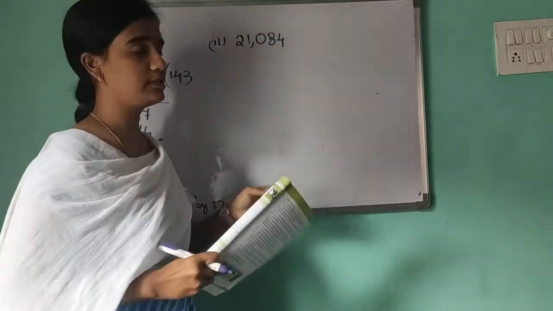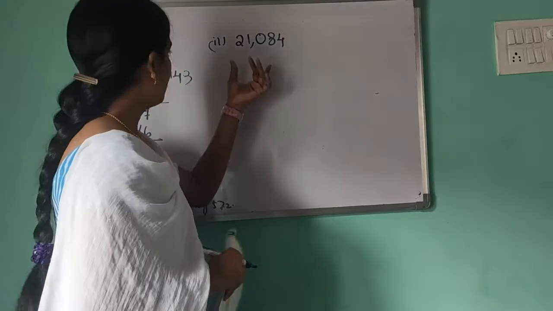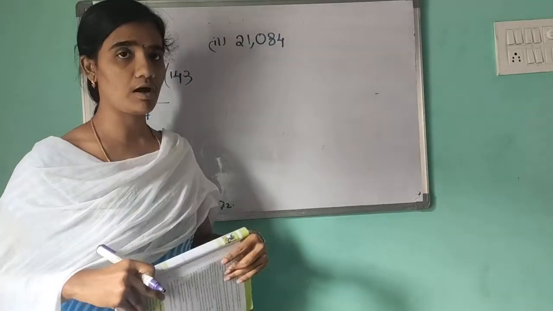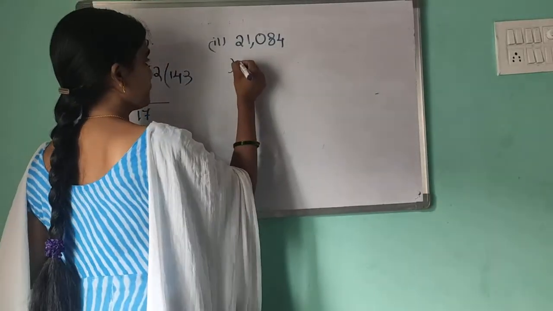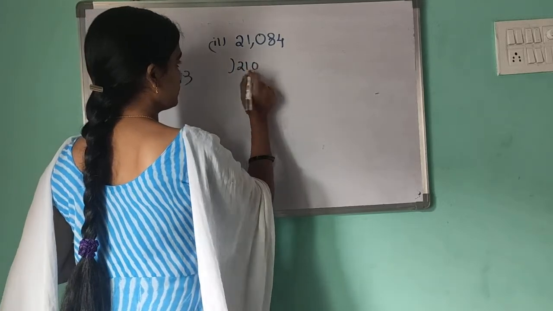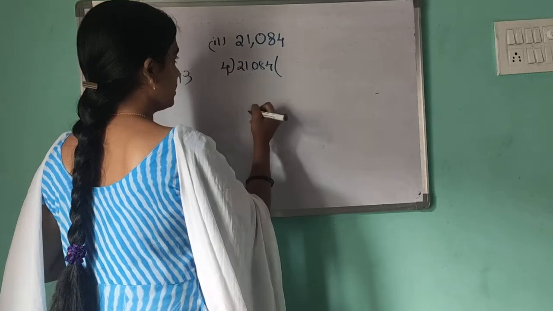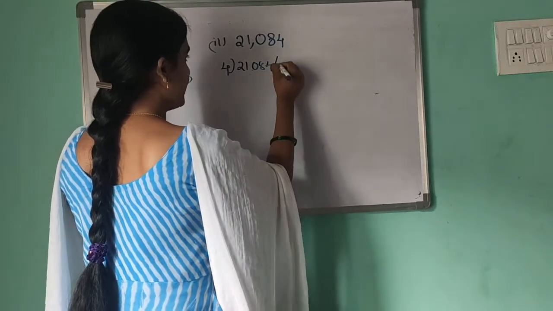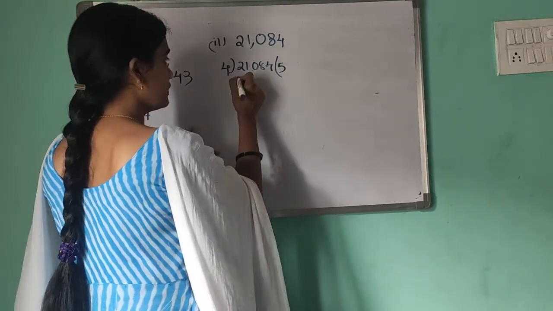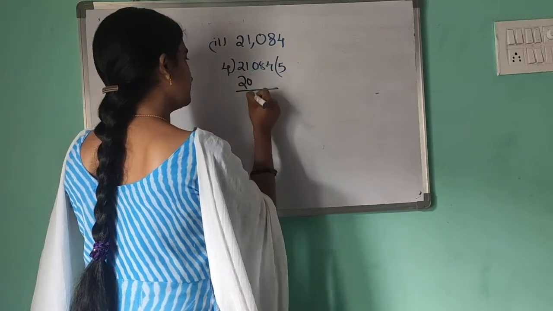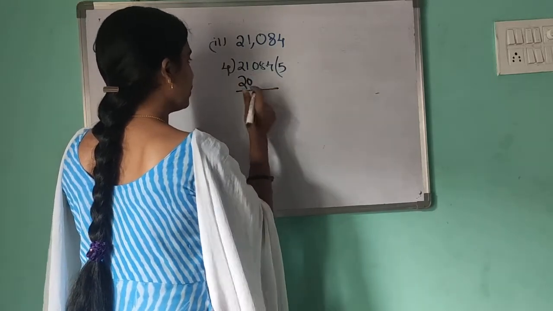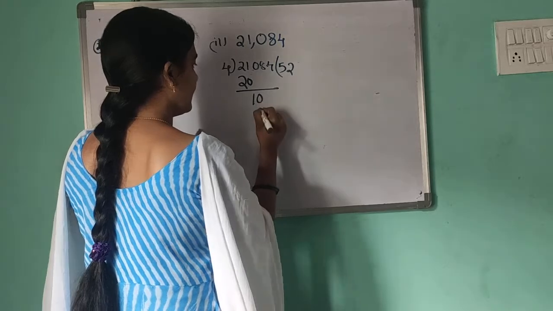21084. In this sum also we have to check whether this number is divisible by 4 or not. Let's see. 084. 5 4s are 20. Remainder is 1, 0. 2 4s are 8.